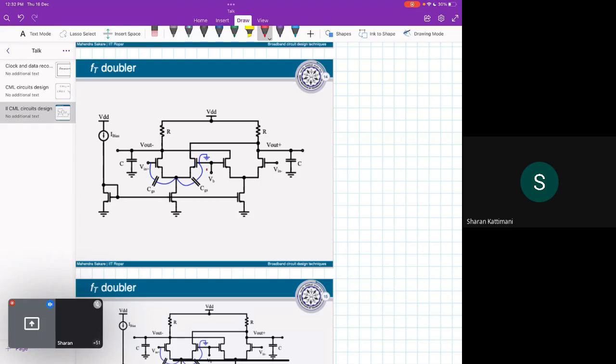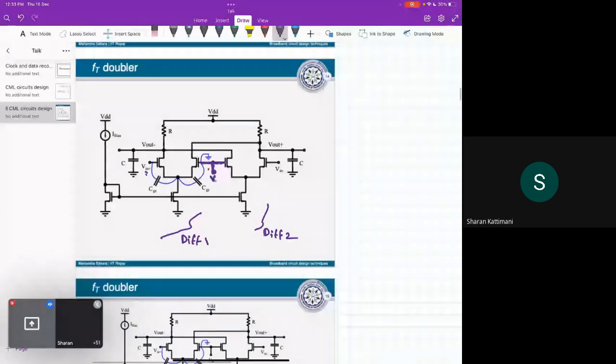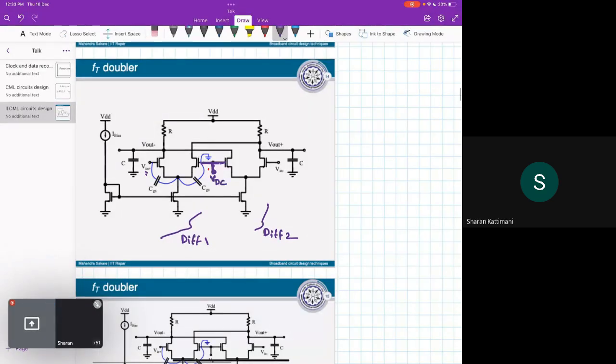Here we have two differential amplifiers: this is one differential amplifier, and this is the second. You connect the two terminals, and you apply V in at the other end of the differential amplifier, while at this one you do not apply any AC signal. Here you bias it with some DC V bias.